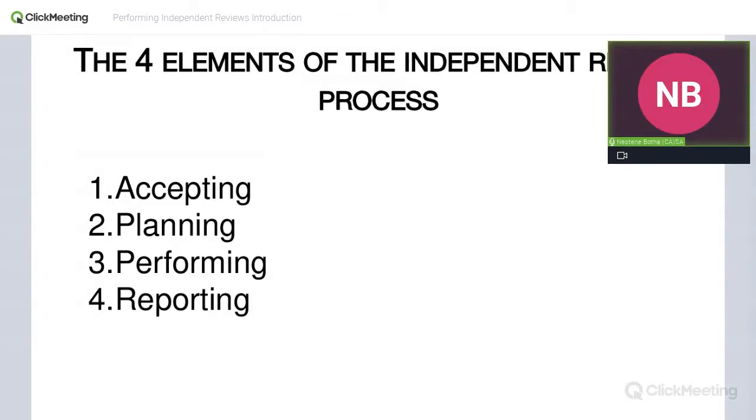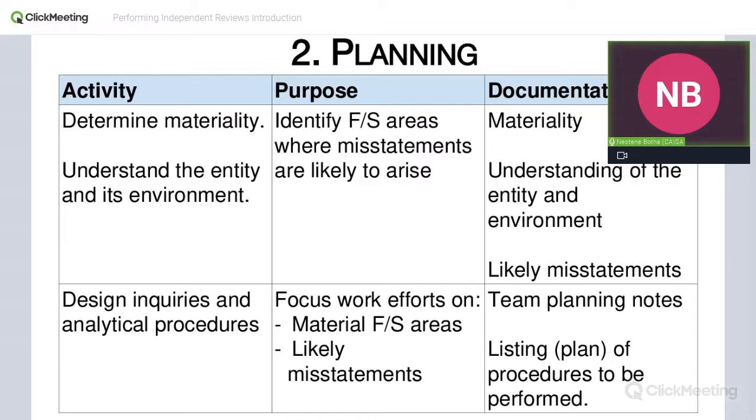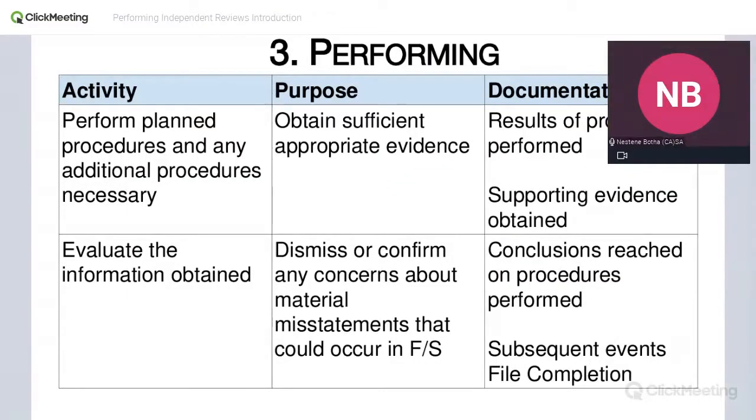We'll cover the four different elements of the independent review process. So, accepting, planning, performing, and reporting. We'll look at different hacks and practical tips for each of those, and the exact goal of why we have each of them.